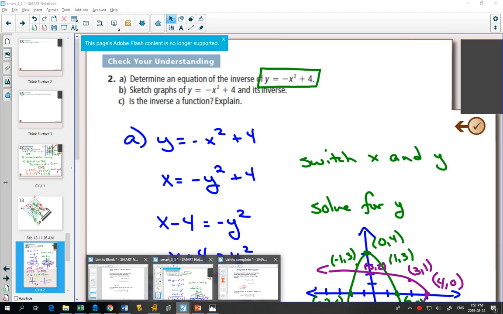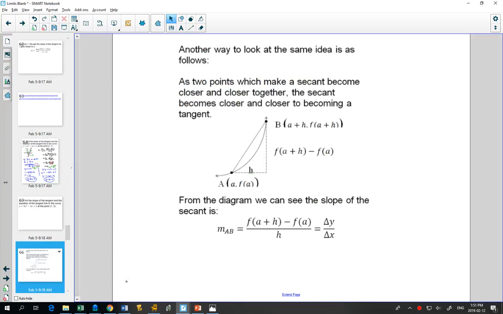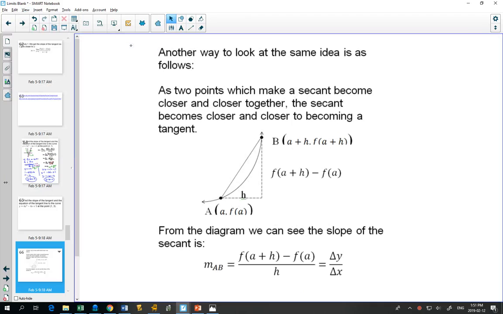Another way of looking at the exact same thing would be to say, I want to make this distance h.